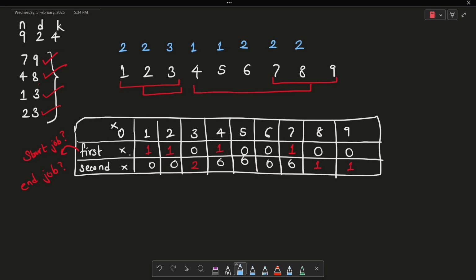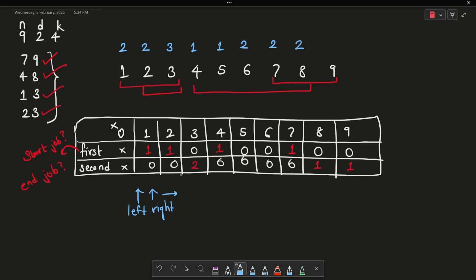So I'll keep 2 pointers, left and right, and initially both will be at the first index. I'll move the right pointer to the right, and once the window size becomes D, I'll count the number of distinct jobs. My counter will hold the count of distinct jobs in that window.